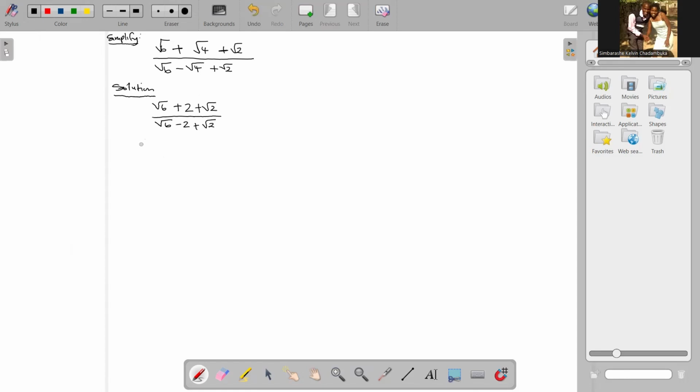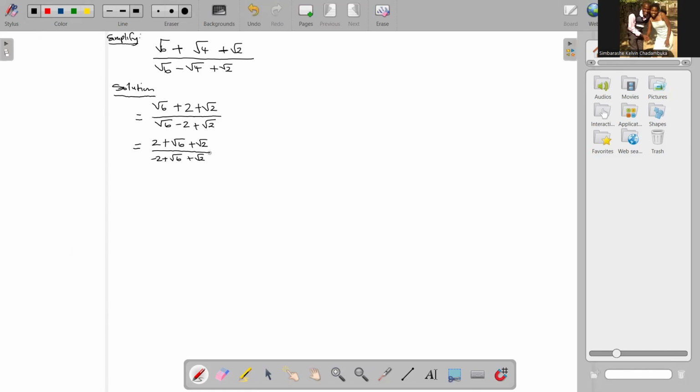Then from there, we are going to rewrite this starting with the whole numbers, then the surds will follow. So it's going to be 2 plus root 6 plus root 2 all over minus 2 plus root 6 plus root 2.